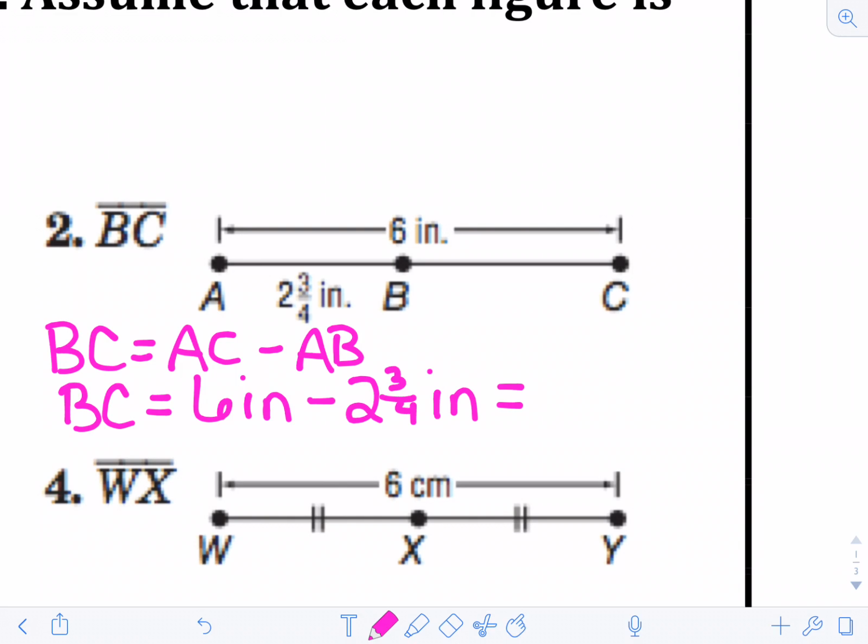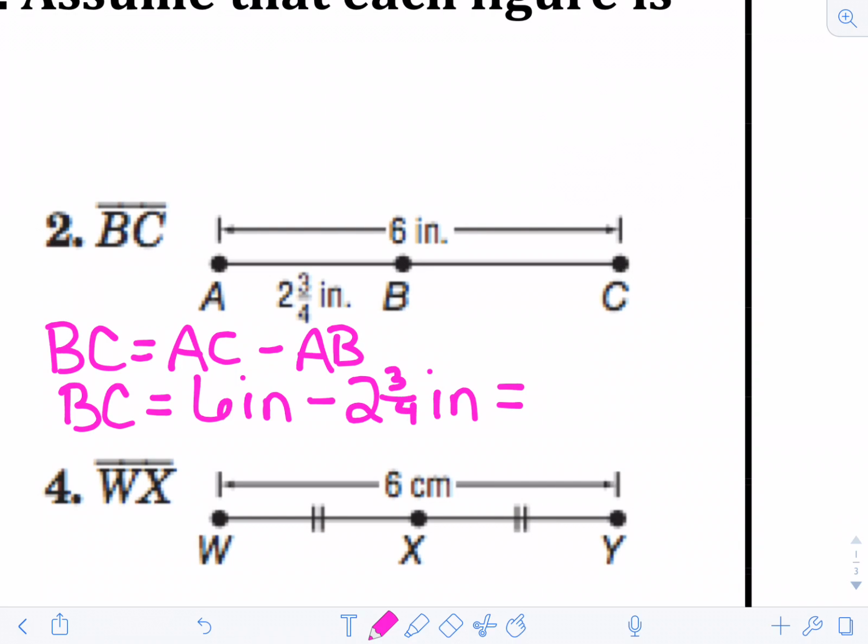Alright, I have kids that asked a couple of questions about this: if they could leave it in decimal form, or if they can do it in a fraction, how do they solve this problem? And the answer to that is whatever format they give it to you in the question is the format that your answer has to be in. So for number 2, since it's in fraction form, you have to have your answer in fraction form.